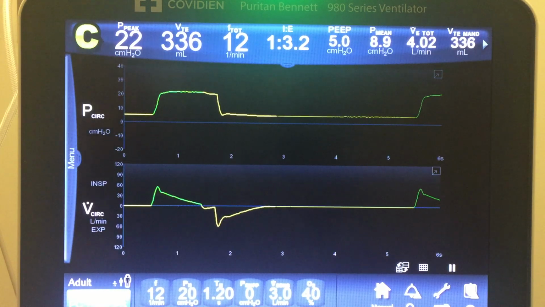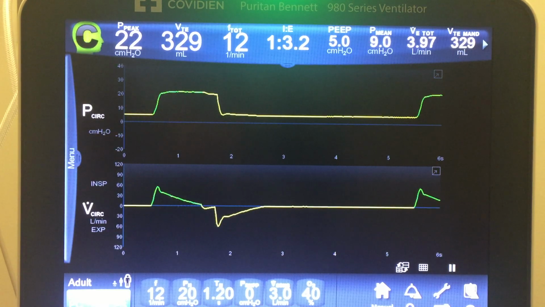In a very compliant lung, you apply PEEP, the lung expands a lot comparatively, and so it's going to have more effect on the cardiovascular system and create more pulmonary vascular resistance and have more cardiovascular effect. So whether or not PEEP has an effect on the cardiovascular system is largely determined by how compliant the lung is. Again, a stiff lung, not as much effect. A very compliant lung, more cardiovascular effect.